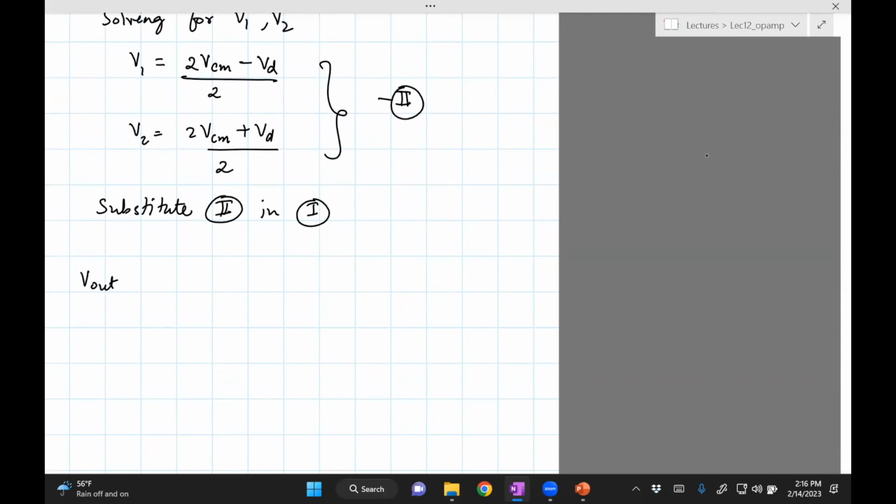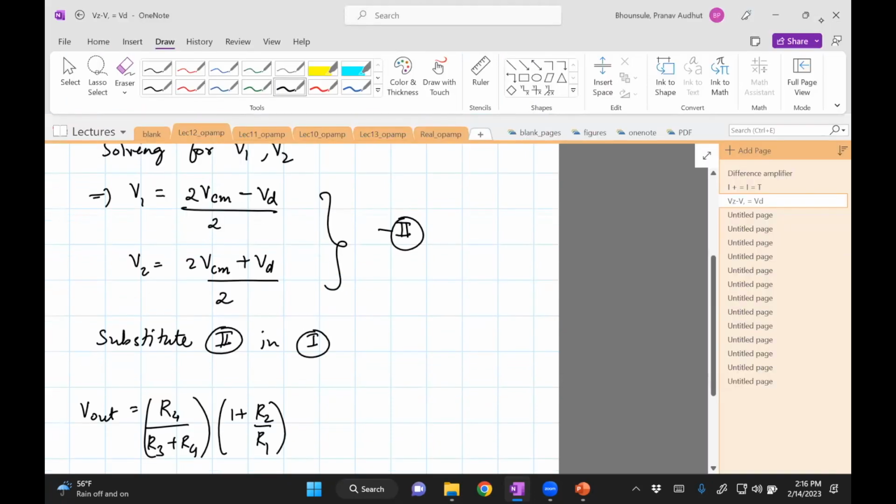V out equals R4 divided by R3 plus R4, 1 plus R2 divided by R1. Now we had V1 here, so I'm going to substitute with what we got here. Oh, it was V2, I think, not V1.